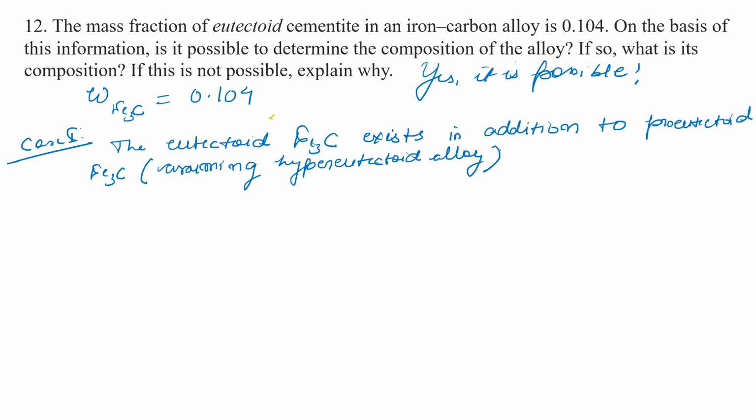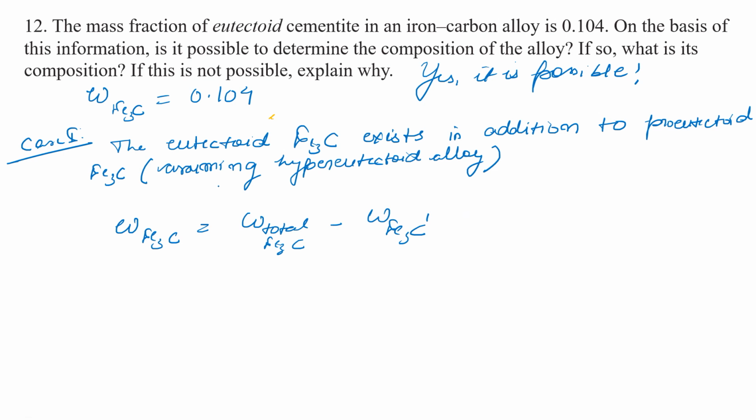For this, the mass fraction of the eutectoid cementite is the difference between the total mass fraction of cementite minus the mass fraction of cementite existing as proeutectoid cementite, right?